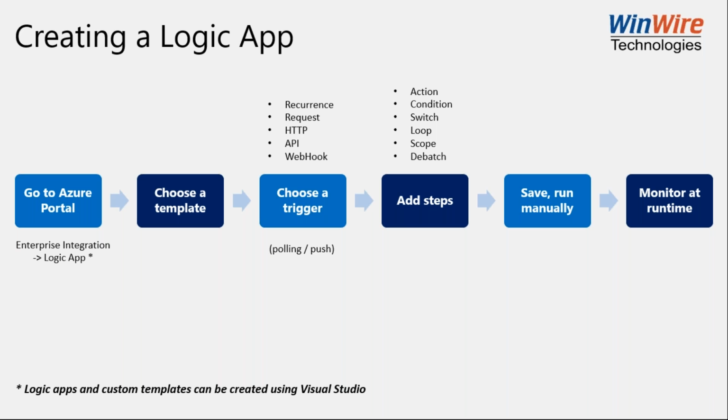You can have a set of data coming in and process it by splitting it out for you to deal differently, right? So I'll show you a very small workflow that you can have, and that can always be built on top of that. So you save the Logic app, and then you run manually to see if it works, and then of course you monitor.